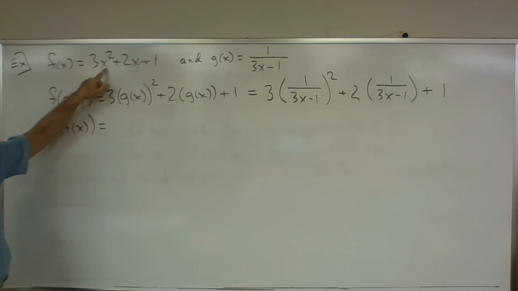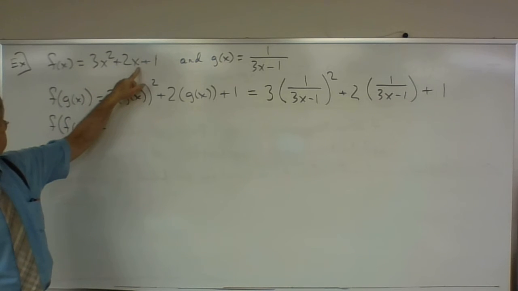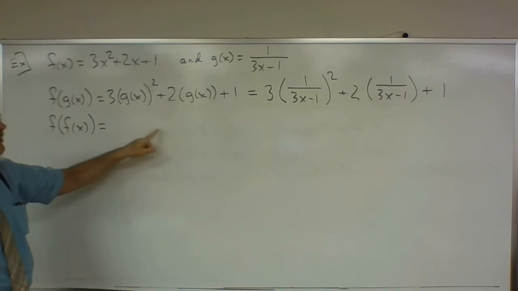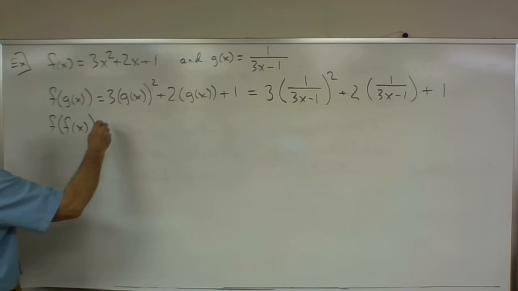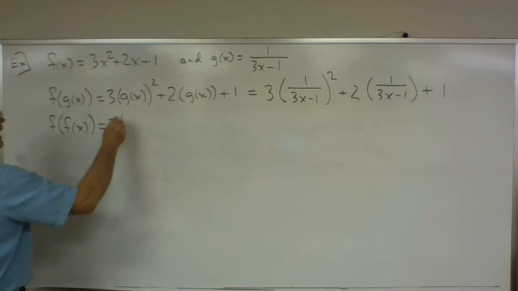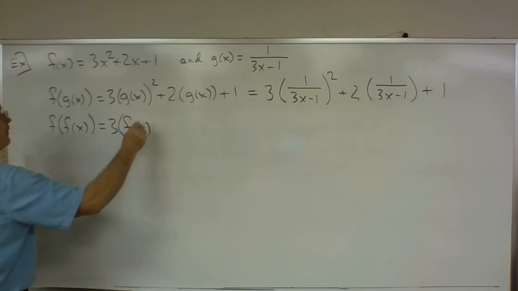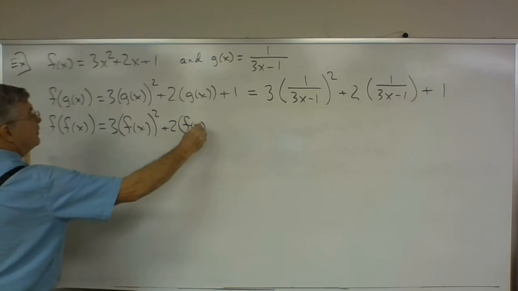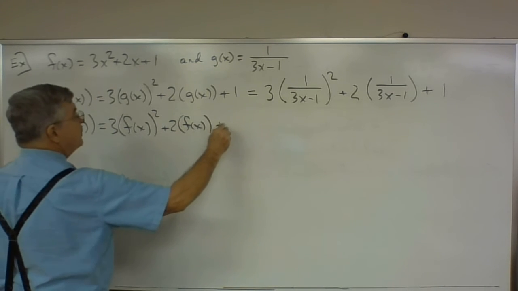So every place that we see an x up here in our definition or our model, we're going to put an f of x down here. So we'll have 3 f of x squared plus 2 f of x plus 1.